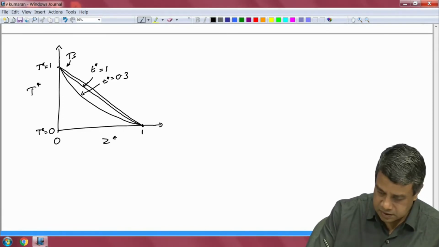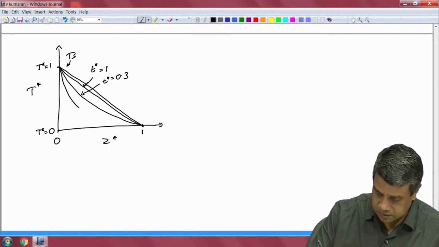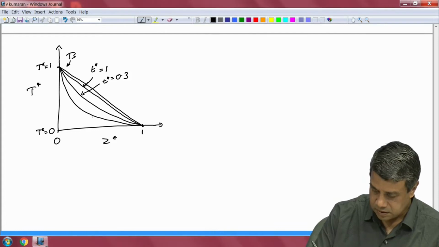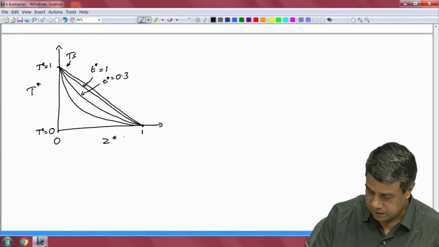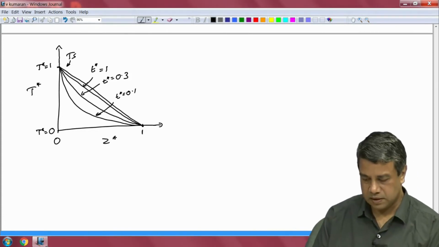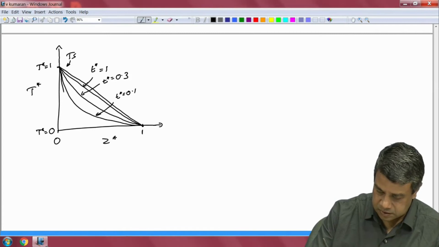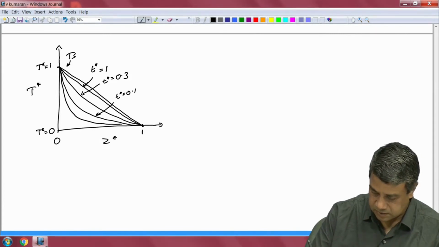And then at t star is equal to 0.1, I will get a solution that looks like this. So, let me write that here. You get a solution that looks like this, and then at 0.03 I will get a solution that looks like this.